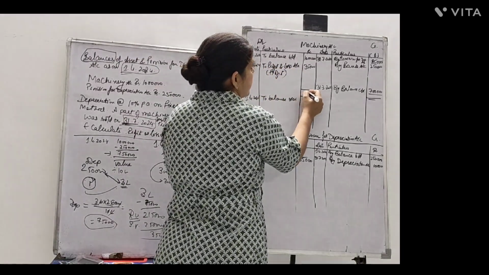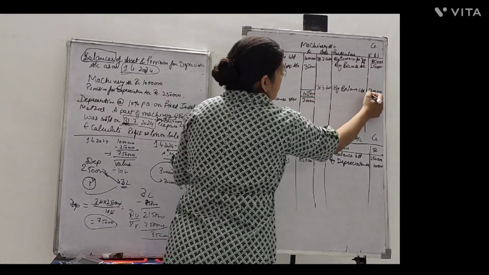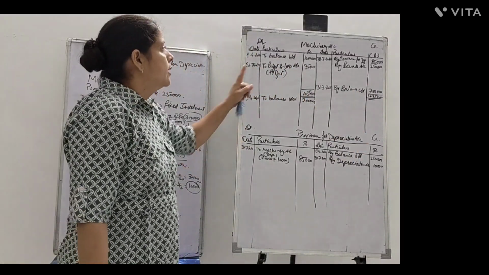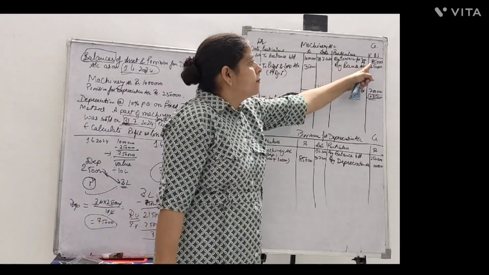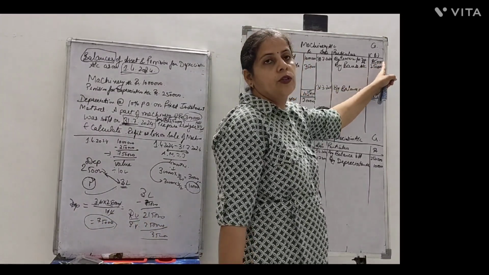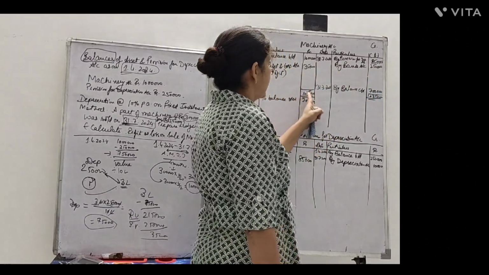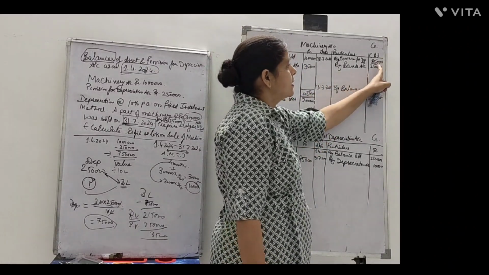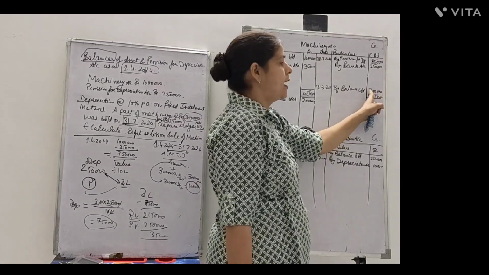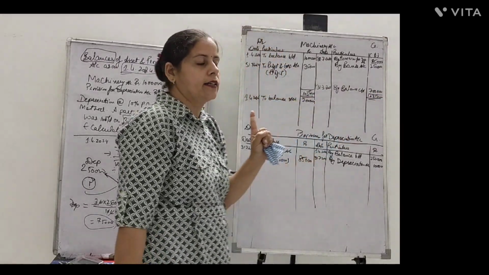Now you have to make the total of the account and check whether it is left with 7 lakh or not. 10,35,000 minus, when we add 2,50,000 plus 85,000, gives you 3,35,000. So 10,35,000 minus 3,35,000 gives you a balance of 7 lakh. So my machinery account is correct here.